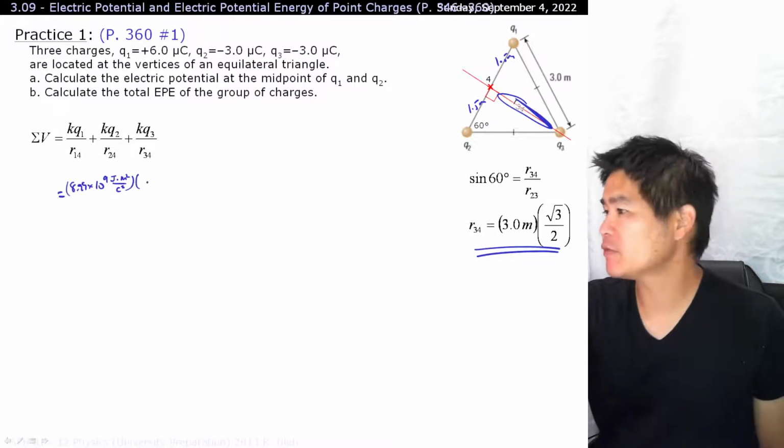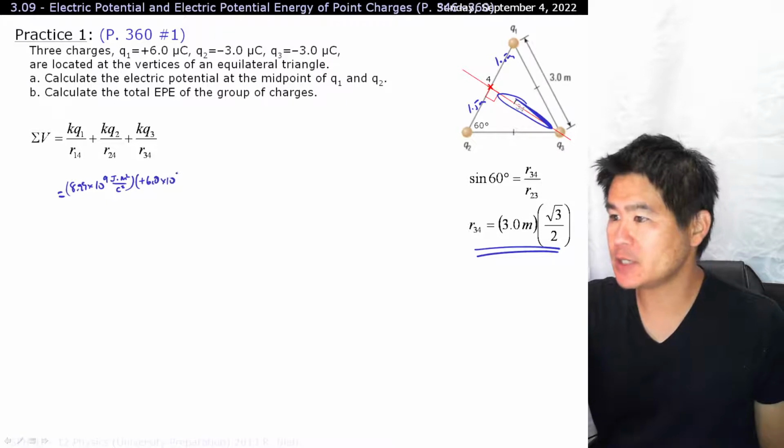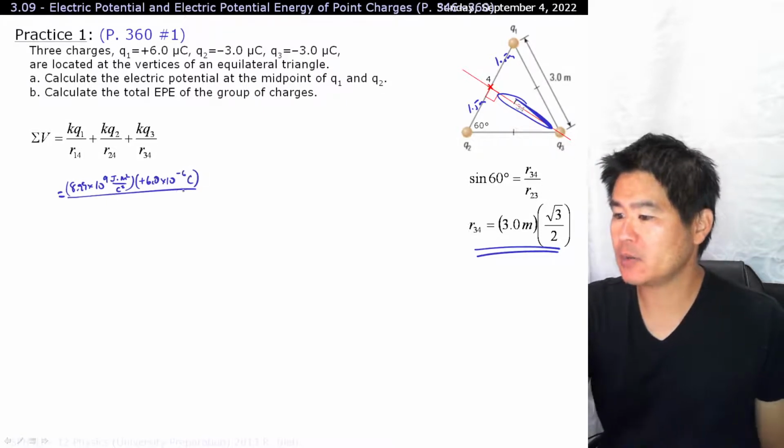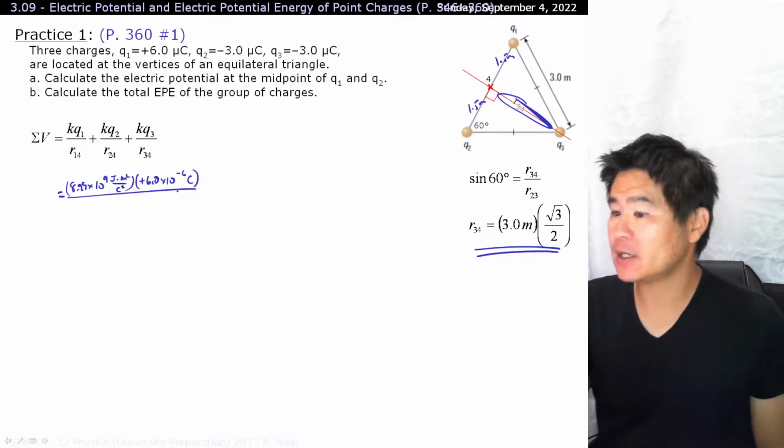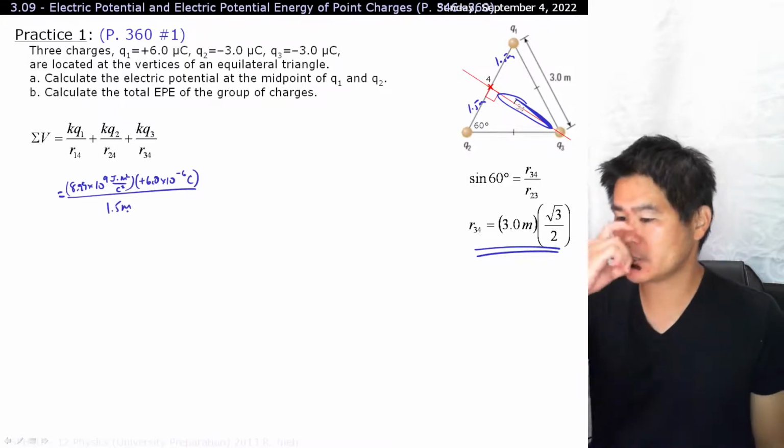I'm going to multiply by the first charge of plus 6.0 times 10 to the negative 6 coulombs, because that's what micro is. And we're going to divide that by the radial distance, which is 1.5 meters.